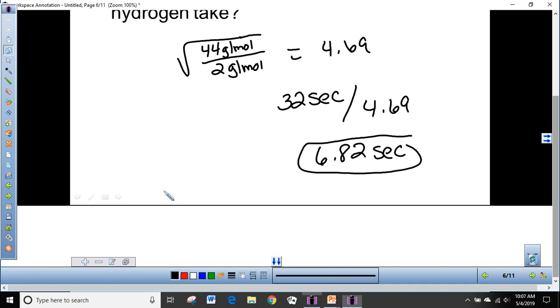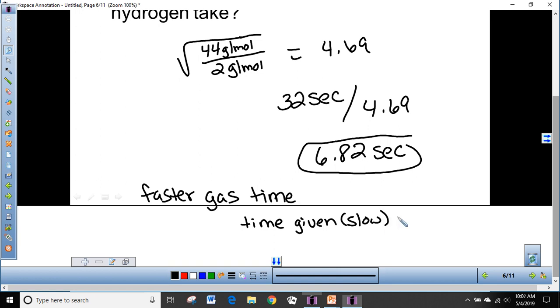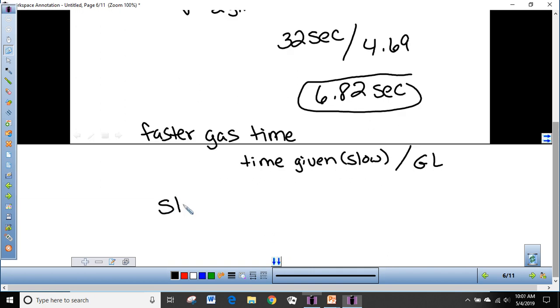So if I want the faster gas time, then I'm going to take the time given of the slow guy, and I'm going to divide by Graham's law. If I'm looking for the slower gas time, see how it's opposite?